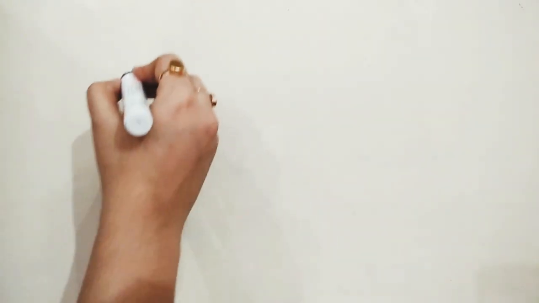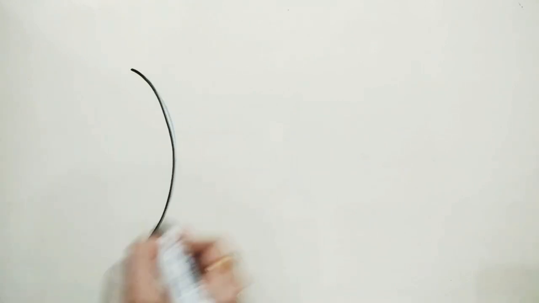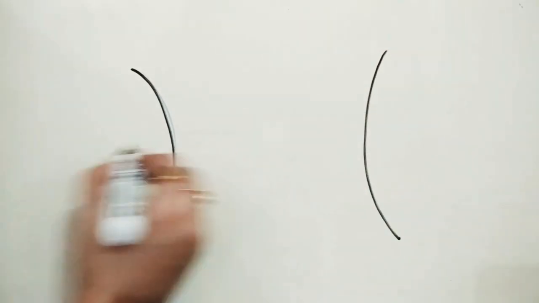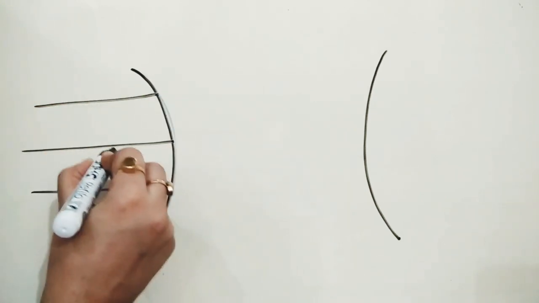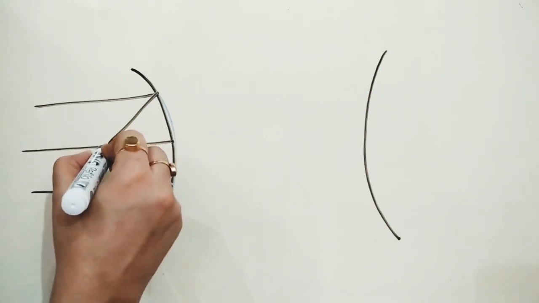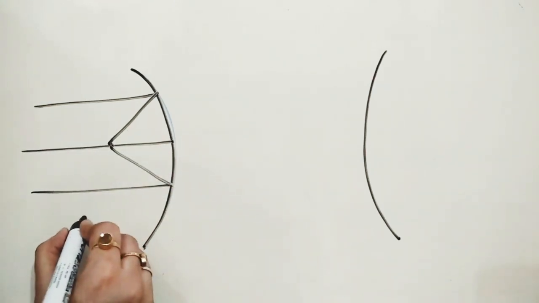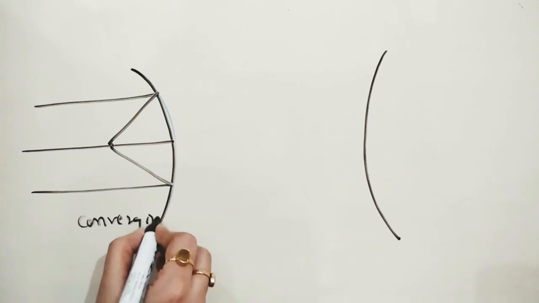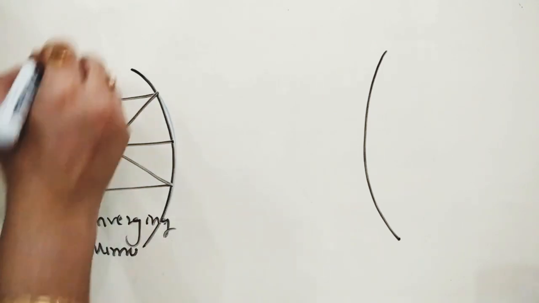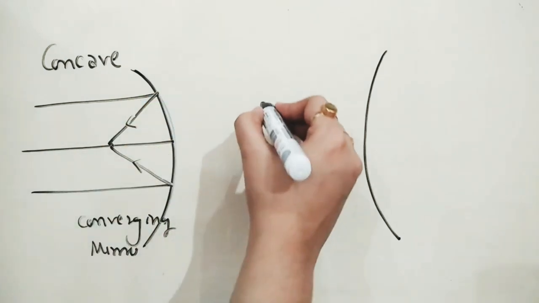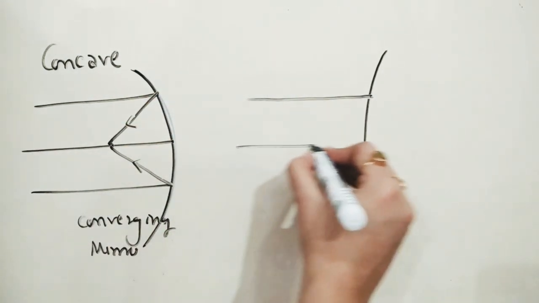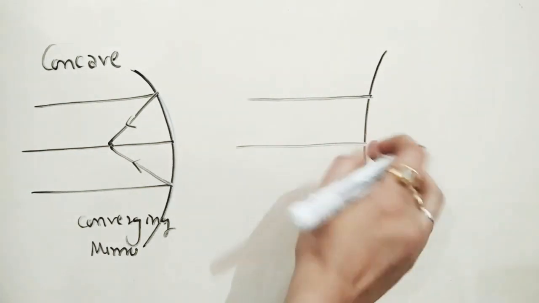Now if we have to differentiate between the two foci, that of the concave and the convex, what is the difference between the two? In the case of a concave mirror, we send parallel beams and they converge to a point. That point is known as the focus, and this mirror is known as a converging mirror. Whereas in the case of a convex mirror, this is the principal axis and these rays are parallel.